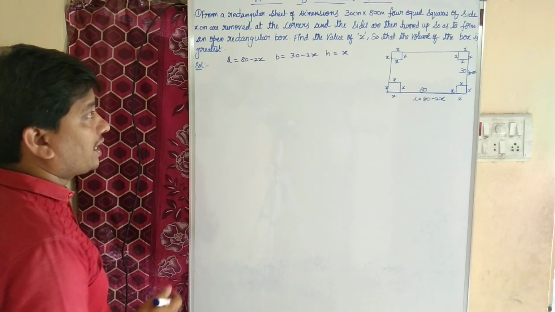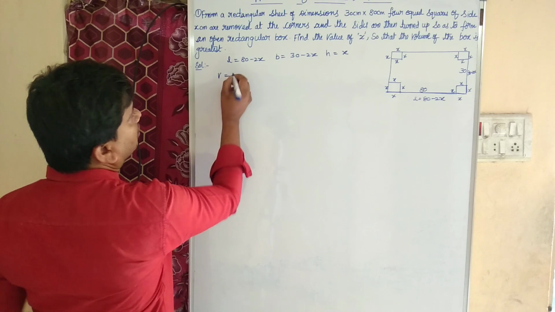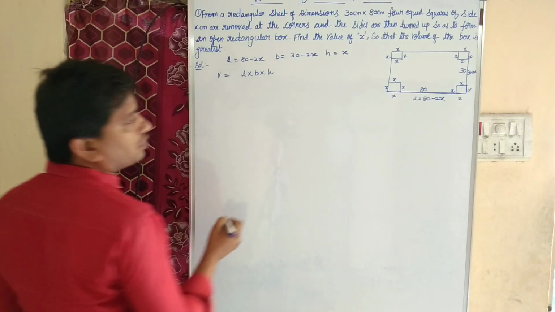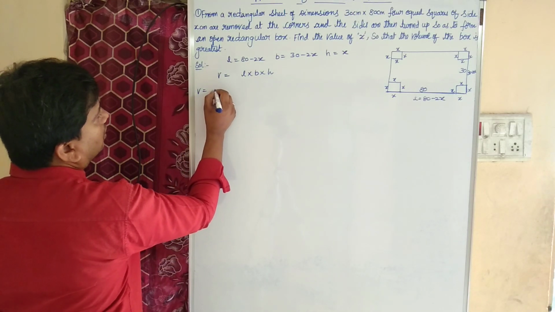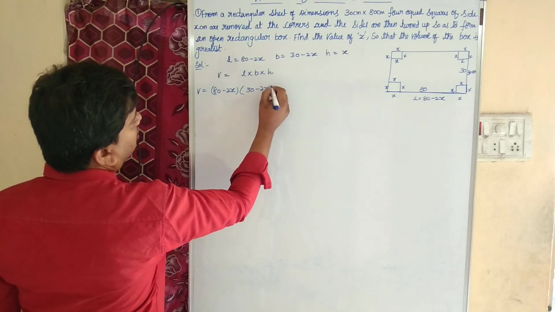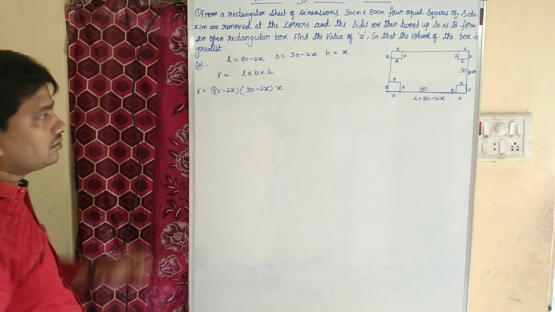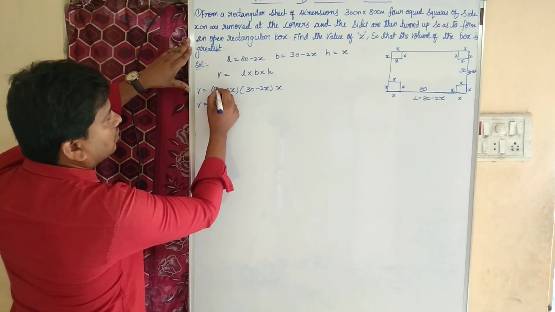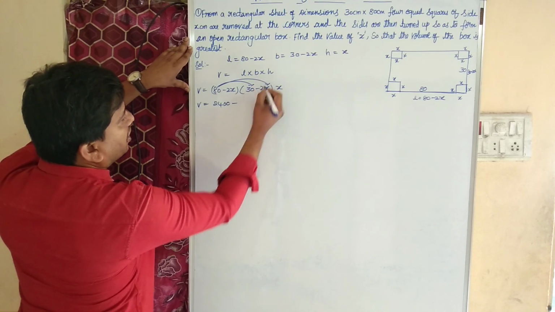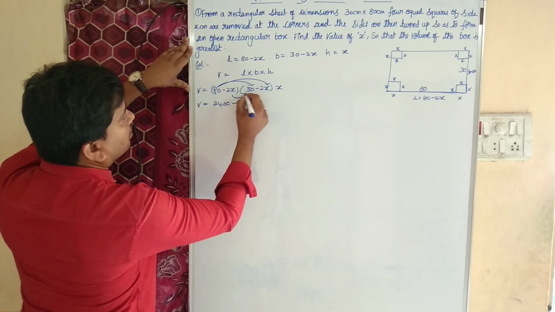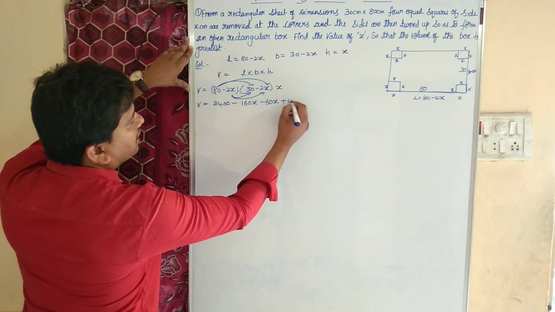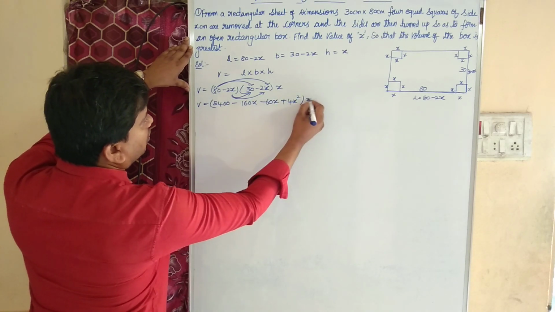Okay children, now let us find the volume of cuboid. We know that volume of cuboid is length into breadth into height. So volume equal to length is 80 minus 2x, breadth is 30 minus 2x, and height is x. Therefore V equal to 80 into 30, 2400, 80 into 2x, 160x, minus 2 into 30, 60x, minus 2x into minus 2x, plus 4x square, into x.